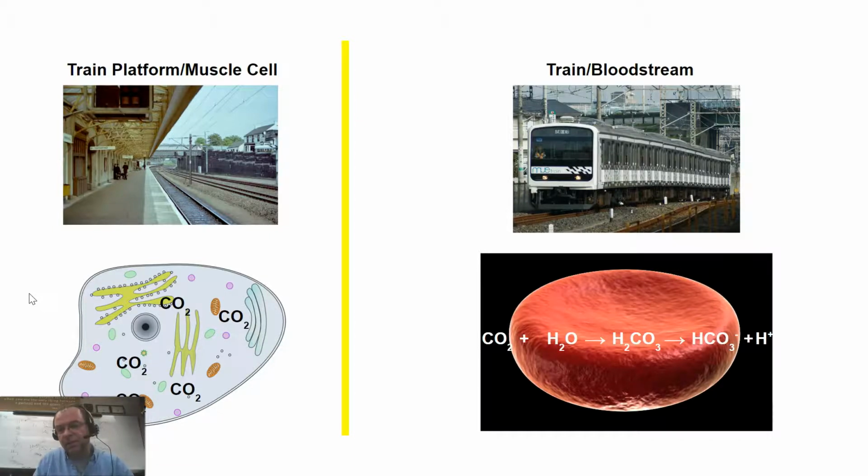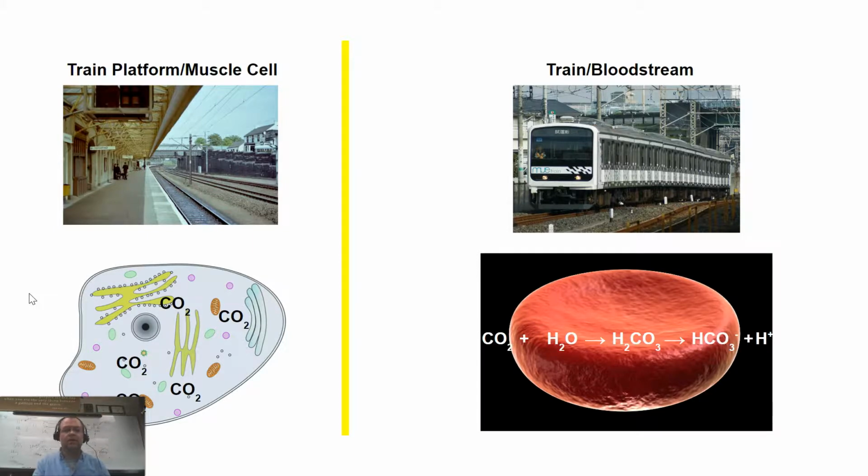H+ is otherwise known as a proton, because if you take a regular non-ionized hydrogen atom, it's got one electron and one proton and no neutrons. If you strip away its electron, it's only left with one proton. So an H+ is simply a proton.